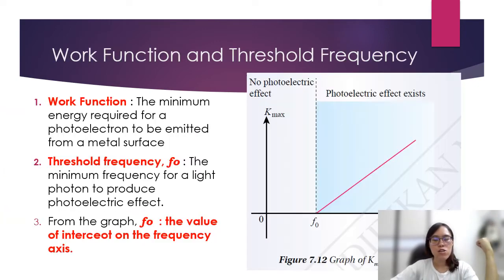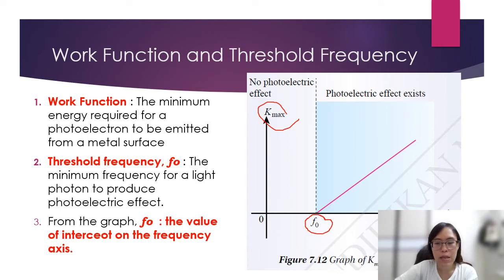So this is the relationship between the work function and the threshold frequency. In this graph, Kmax is plotted against frequency. As the frequency increases and reaches f0, the threshold frequency, the photoelectric effect occurs. Before this there is no Kmax, and once it exceeds the threshold frequency, Kmax increases. The work function is the minimum energy required for the photoelectron to be emitted from the metal surface, based on the threshold frequency.